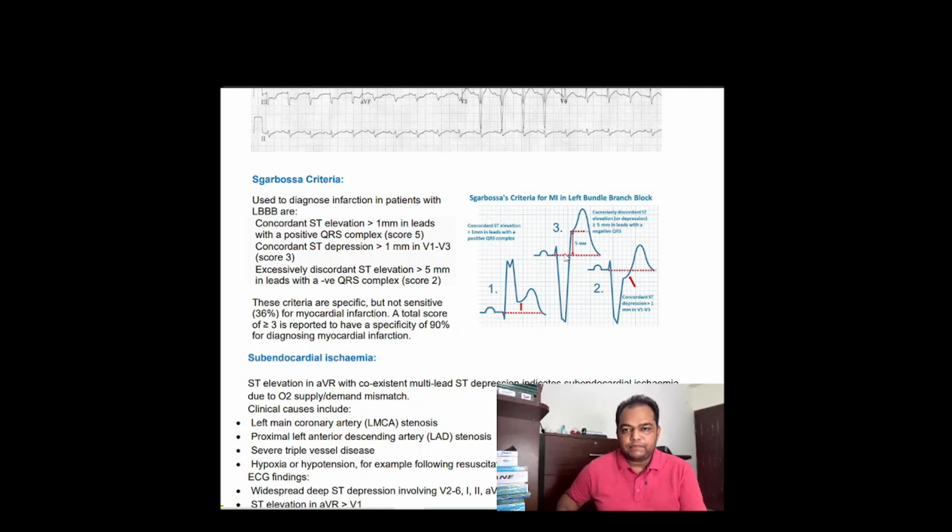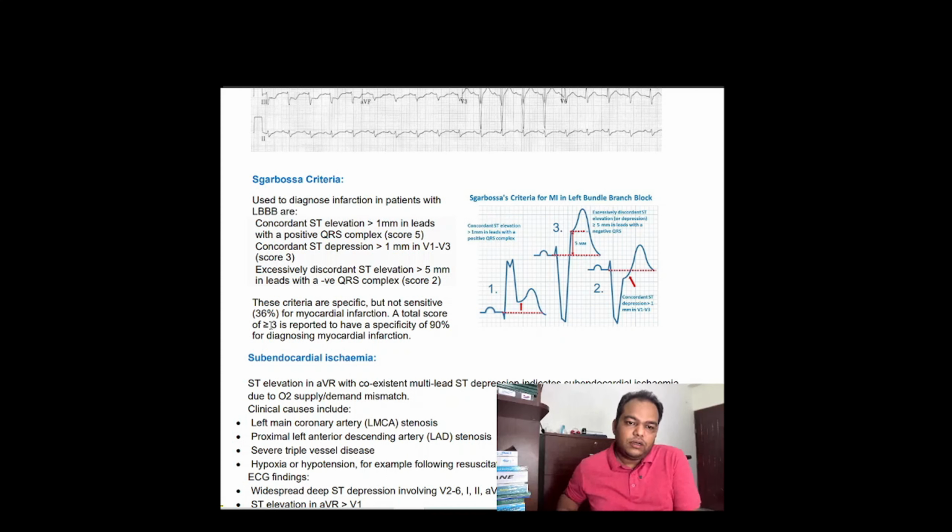So ST elevation is on the opposite side of the QRS complex, so it is discordant. So discordant ST elevation more than 5 millimeter. This is the third point, and it represents score 2.